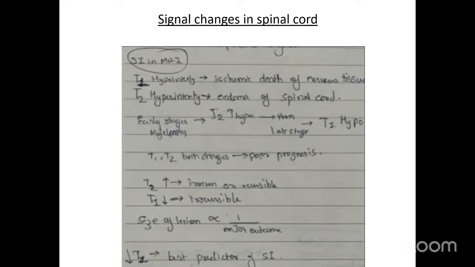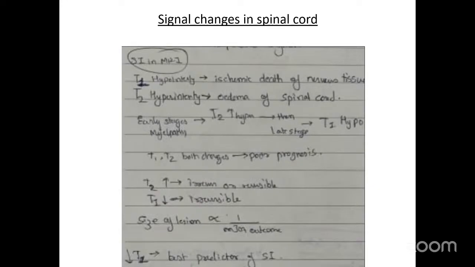So in the early stages of myelopathy, the changes will first occur in T2 images, and then in the last stages, hypointensity will occur in T1.